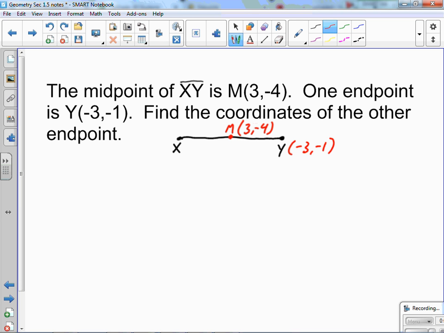So we need to take those two coordinates and come up with the coordinates of X. So we know that the midpoint is (x1 plus x2 over 2, y1 plus y2 over 2). And so this is how we get the midpoint, but they gave us the midpoint already.